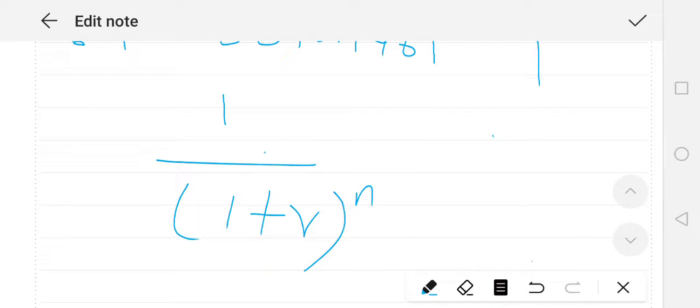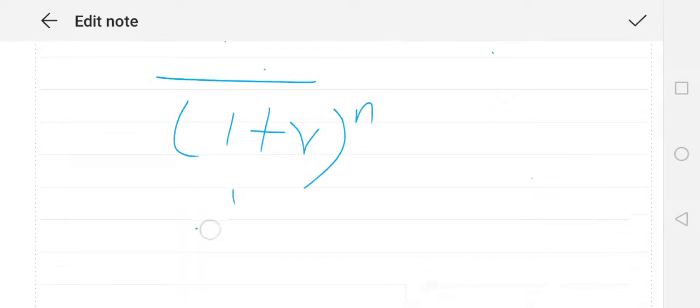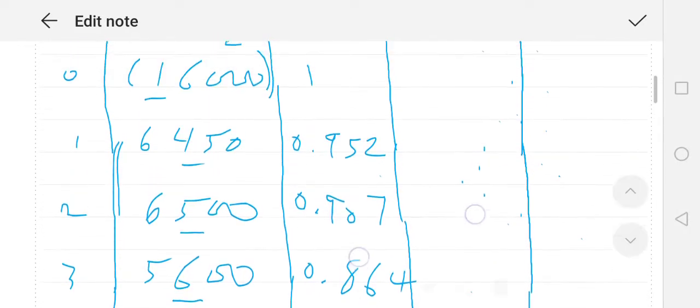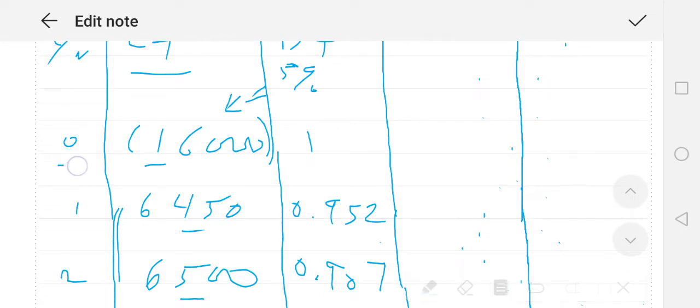So for year 0, it is 1 over 1 plus r, where r is the rate, which is 0.05, raised to the power 0. That will give us 1. So if you come to the table, you realize year 0, the discount factor is 1.